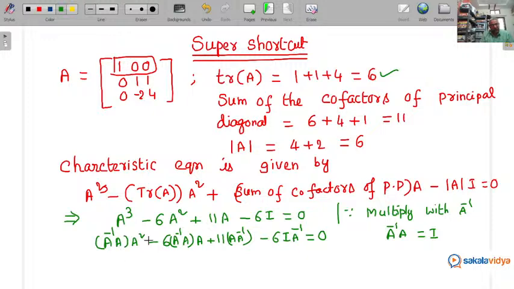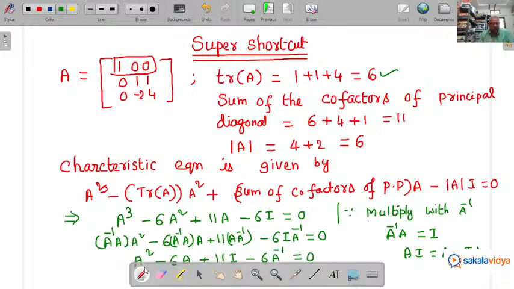So that means this is I A square, means you get A square, I into A, so this will be 6A plus 11I. So I into, next A into I is equal to A, or I into A is also A. This is A inverse. So minus 6 A inverse is equal to O. So then my dear students, you see, this can be written now.